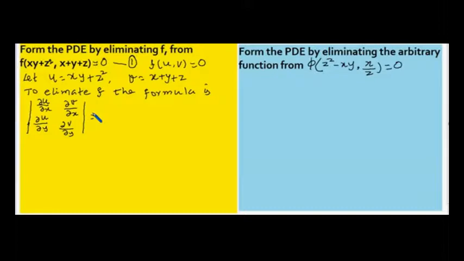To eliminate f, the formula is the determinant of dou u by dou x, dou u by dou y, dou v by dou x, dou v by dou y is equal to 0.